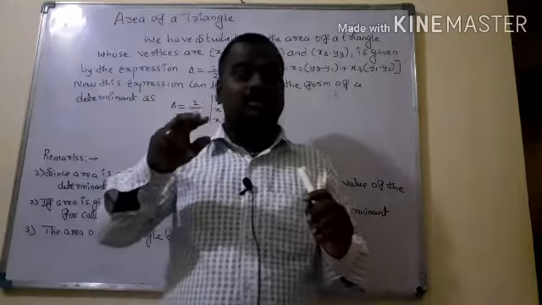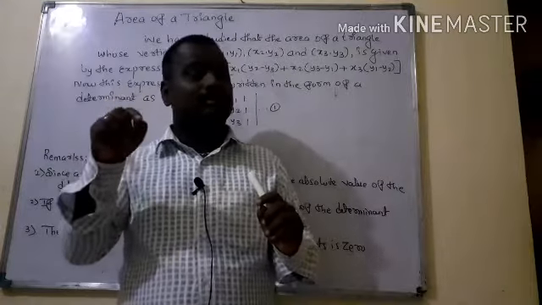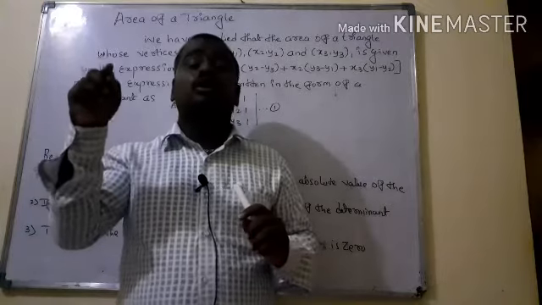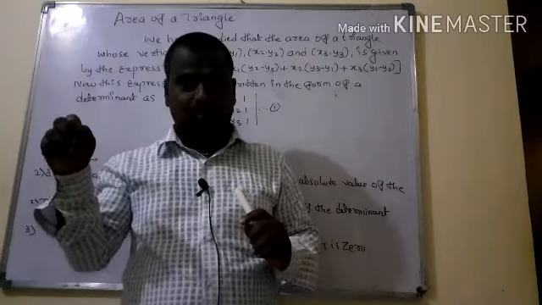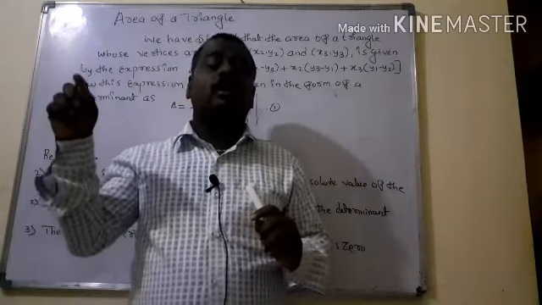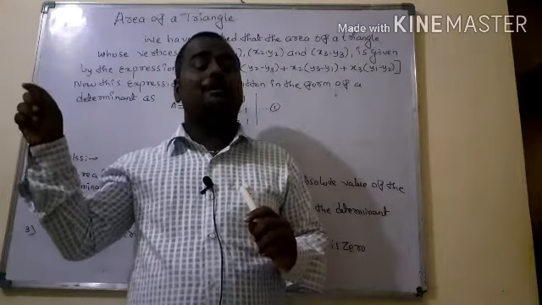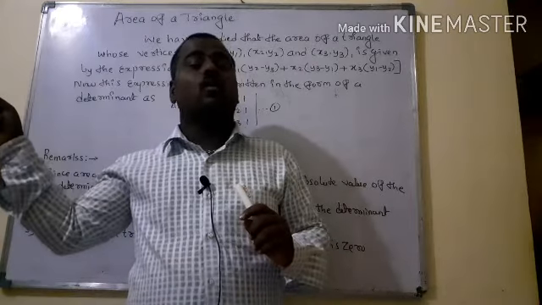So it expresses, keep in your mind, del equals 1 by 2 [x1 (y2 minus y3) plus x2 (y3 minus y1) plus x3 (y1 minus y2)].